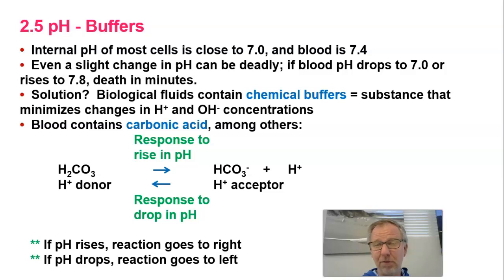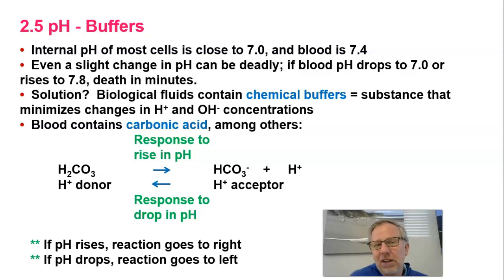So for example, if your blood pH, for some chemical reason, drops to 7 from 7.4, or goes up to 7.8, you'll be dead within minutes. So it's absolutely critical that your blood pH remain pretty stable, around 7.4.